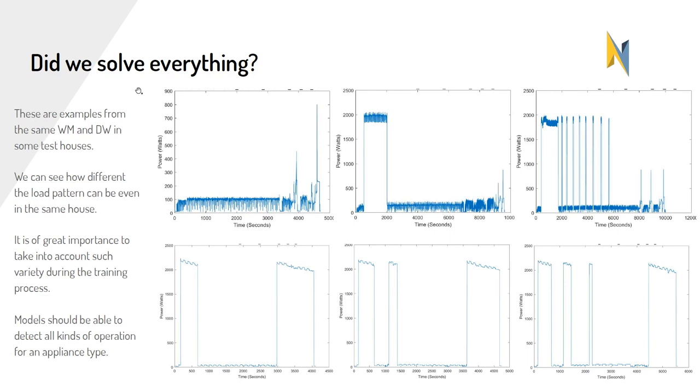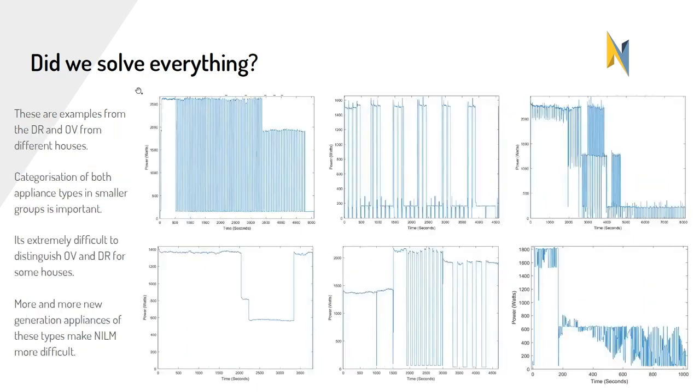So here we have this presentation of washing machines and dishwashers, and here we have something that is more interesting, and it's about ovens and dryers. You can see how different and how difficult that can be. For example, in the first 3 screens, you can see 3 different types of dryers, and in the latter 3, you can see 3 different kinds of ovens.